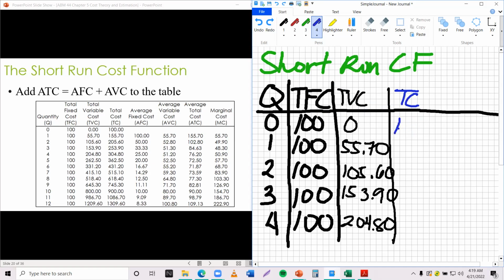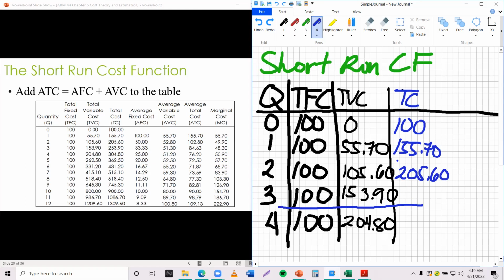Total cost for the first one would be 100, with 0 variable. Next would be 100 plus 55.70, so you'll get 155.70. Next is 100 plus 105.60, so that is 205.60.